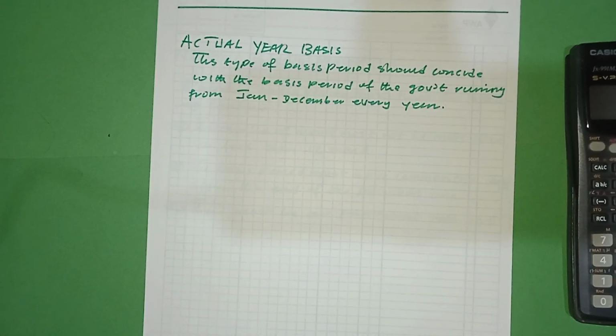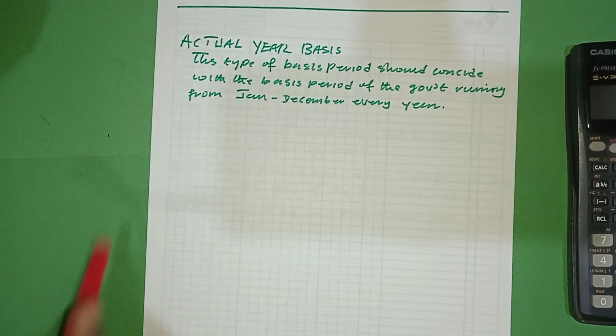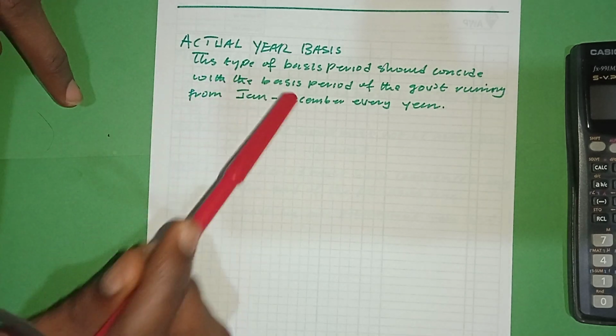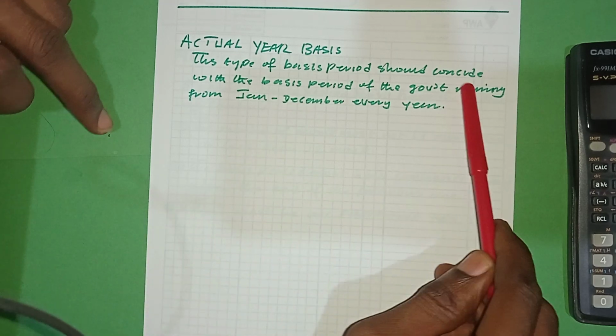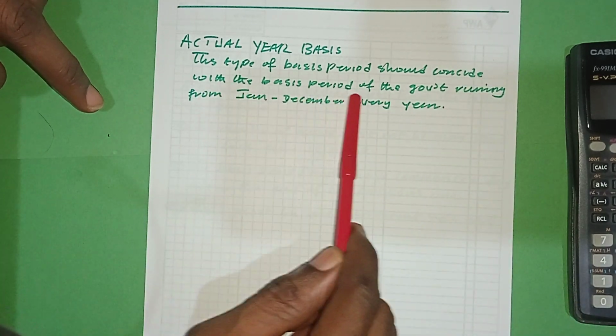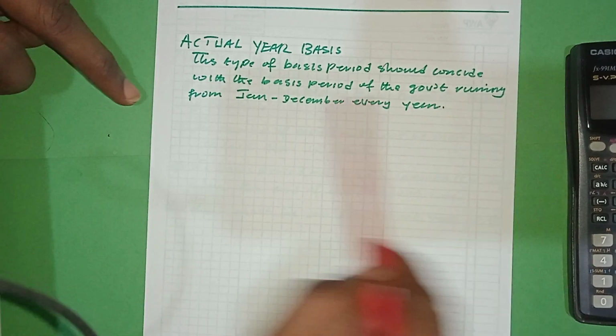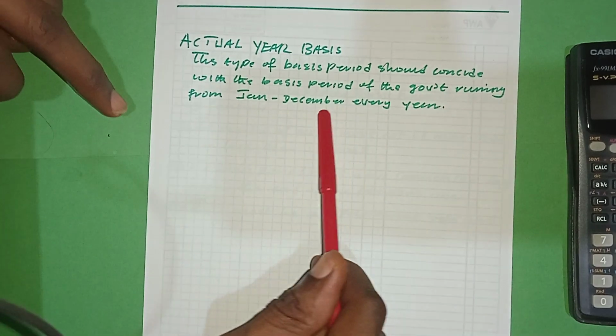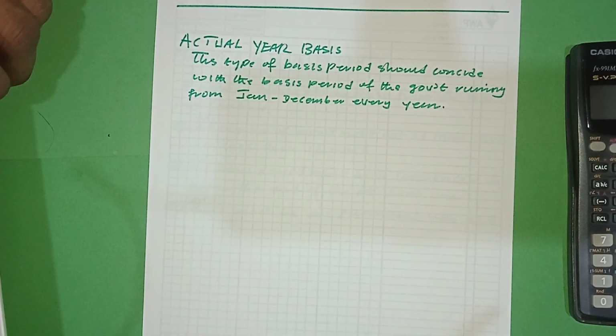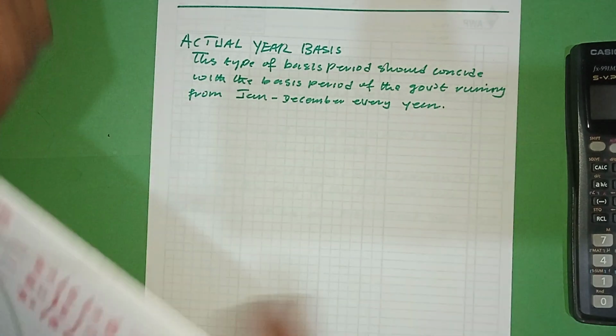Now, let us go to actual year basis. Actual year basis, this type of basis period should coincide with the basis period of the government running from January to December every year of that same year.